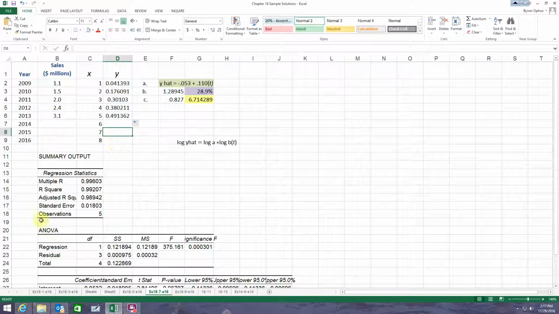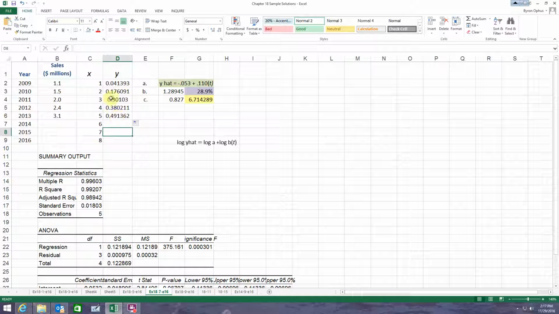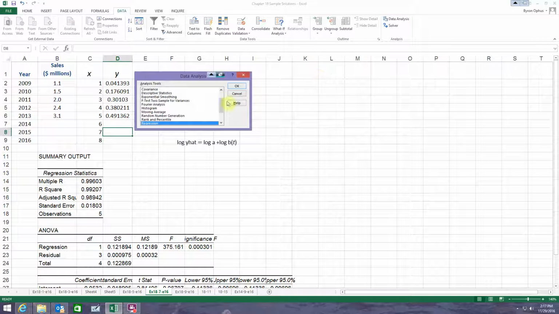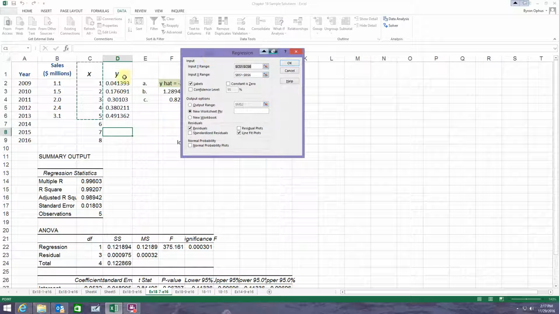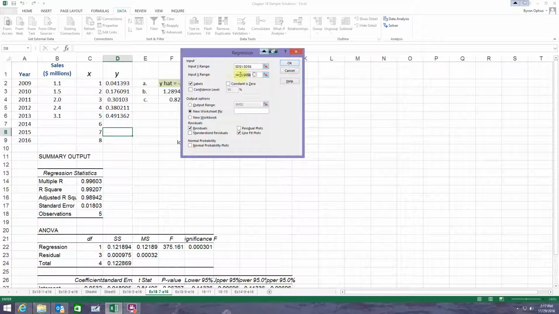Now I just need to do my regression, okay? And this is my y and this is my x, but only do the x down to the 5. And I'll do it real quick, just kind of show you, and I'll stick it on a different chart. So I got a regression, okay. My y input range is this. My x input range is the one I got labeled x.